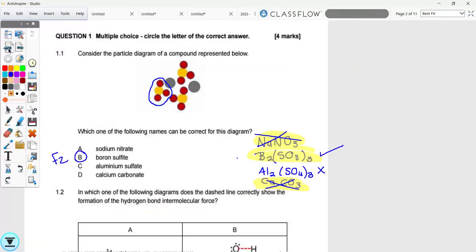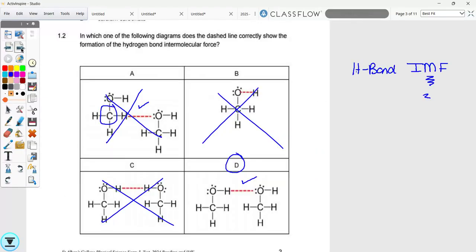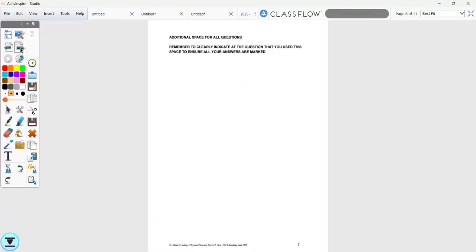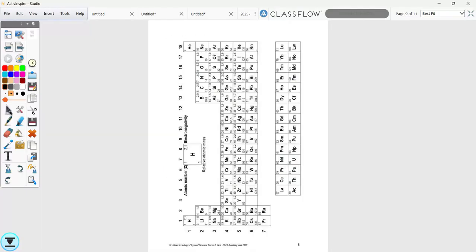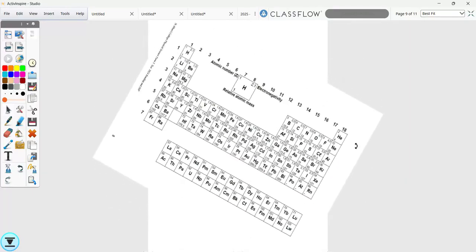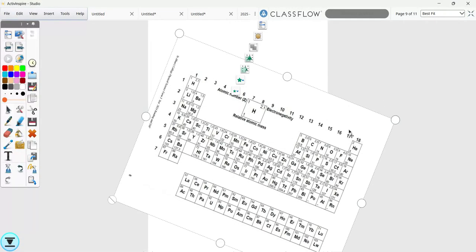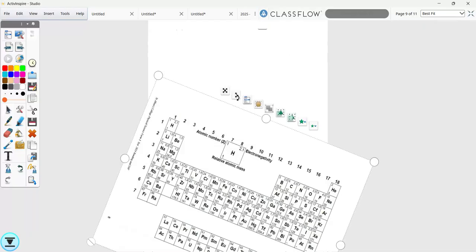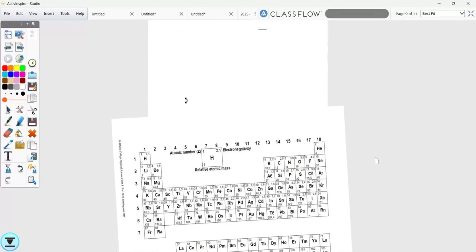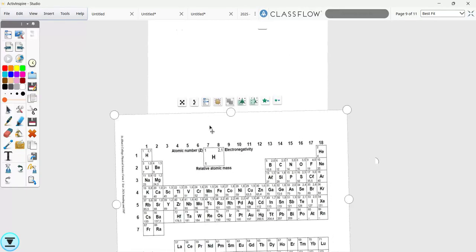Please be careful. If we look at our periodic table, where was this given? I think it's at the end of the test. If you look at your periodic table, remember when you're deciding if it's a transition metal or not, you have to put the aluminium roof on.